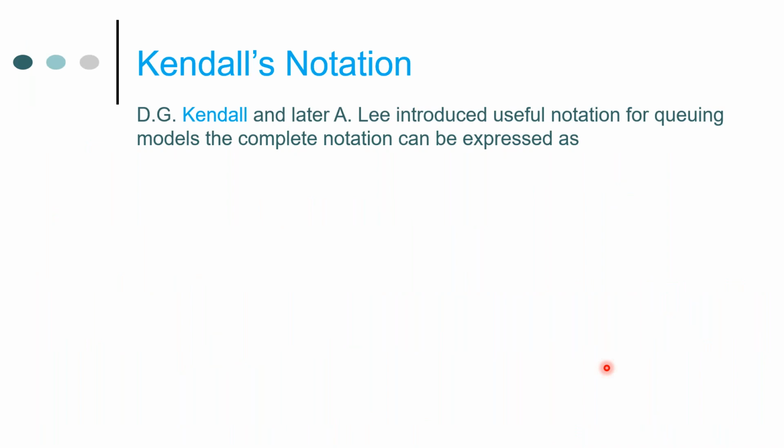Now we'll go to Kendall's notation. D.G. Kendall and A. Lee: in 1966 Mr. Lee, and before that in 1953 Mr. D.G. Kendall, introduced useful notation for queuing models.